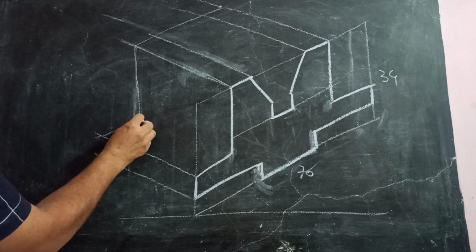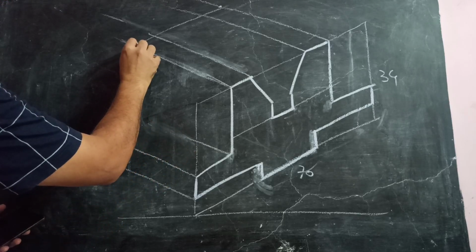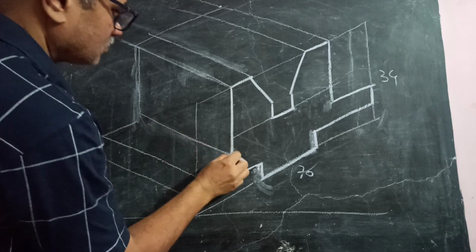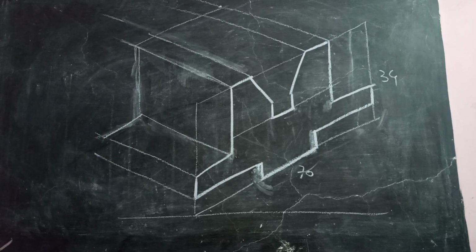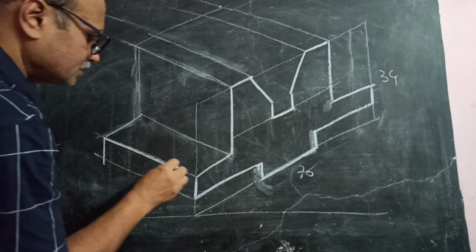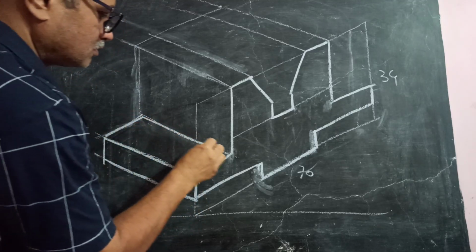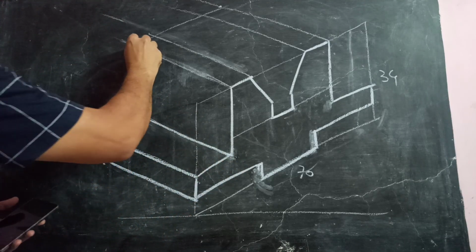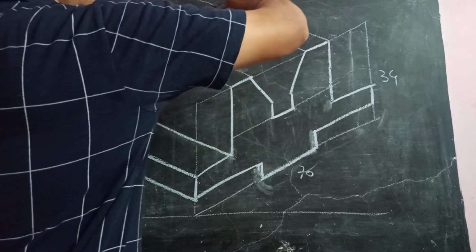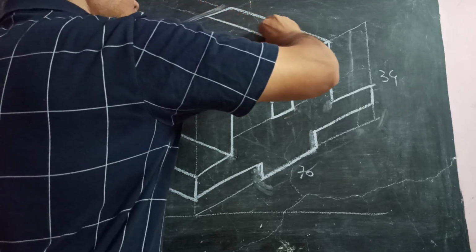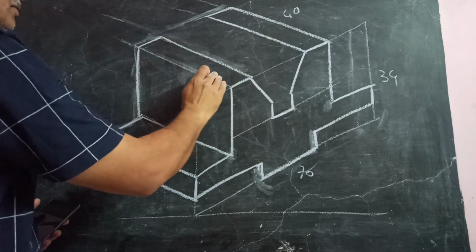So like this line should be parallel to this. So when we make it dark, this is 40. So all these dimensions are 40 mm.